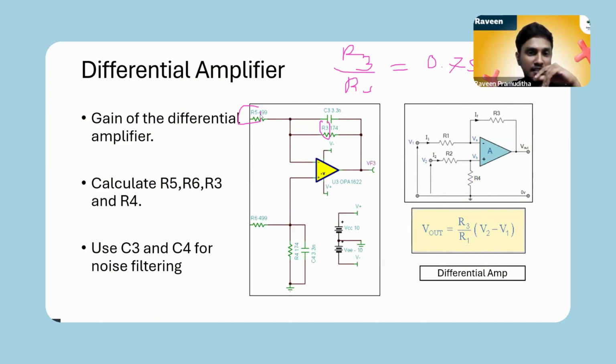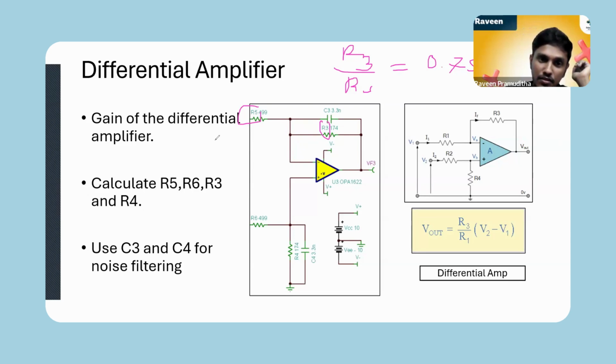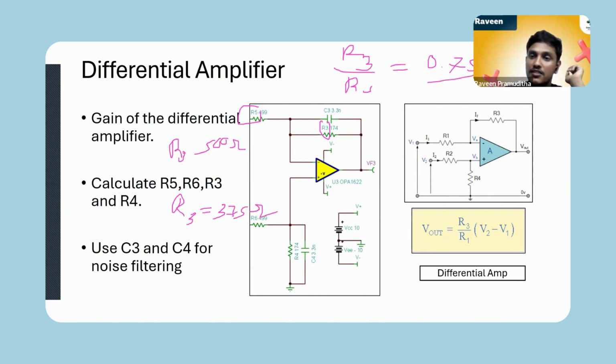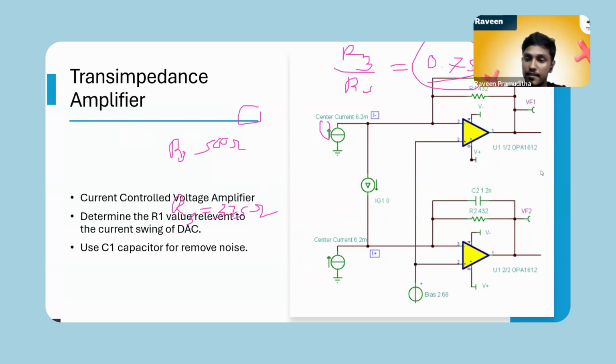If I use very high values for these resistors, their power consumption is very high, so efficiency will reduce. So I need to find a middle value: I will give 500 ohms for R5, and for R3 I will get 375 ohms. So I can satisfy this ratio and the trade-off between load resistance and power consumption.